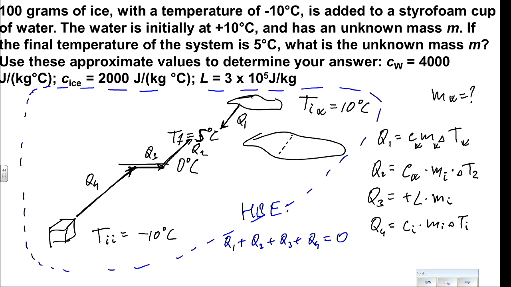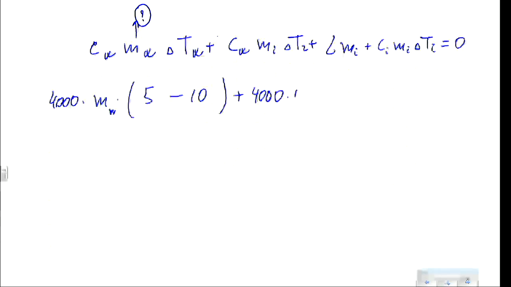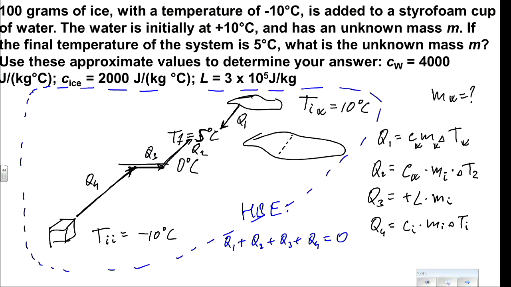How much ice did we have? 100 grams. 0.1 of a kilogram. So this is always final minus initial. For the process number 2. It begins here, it ends there. Final temperature equals what? And initial? So 5 minus 0.